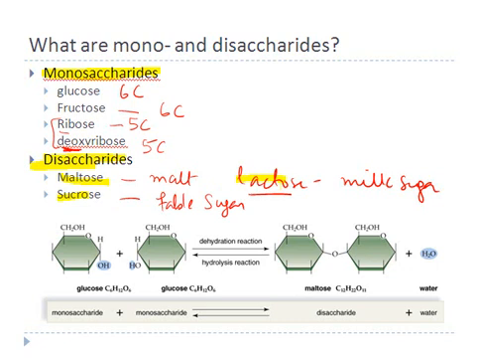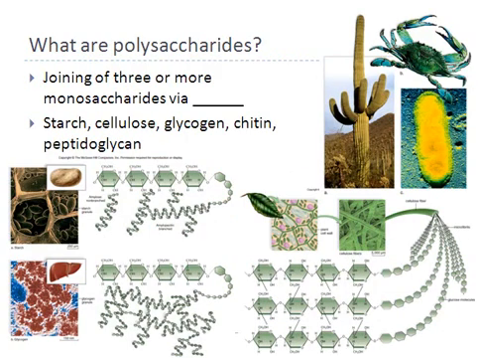Each of these is formed by the reaction that we just learned, called the dehydration reaction, which is a synthesis reaction. Notice the hydrogen and the OH are taken away from each of the units, and they are linked up with a unique bond. The name of this unique bond is the glycosidic bond.